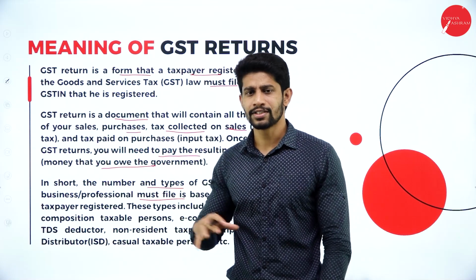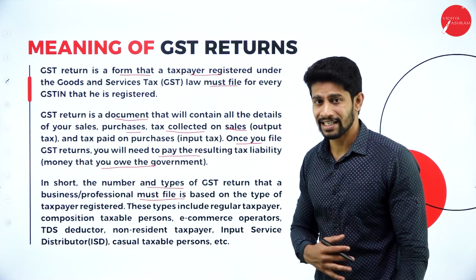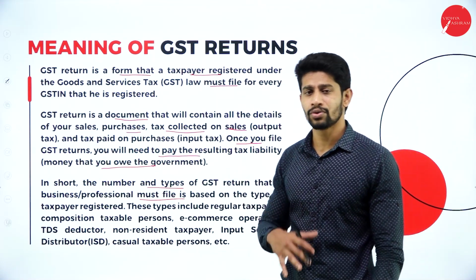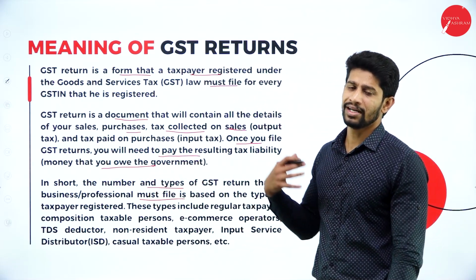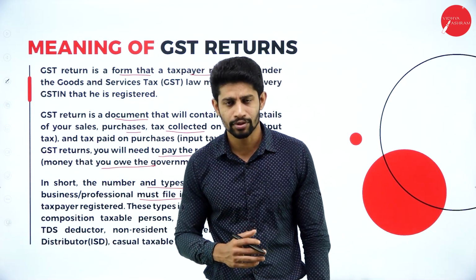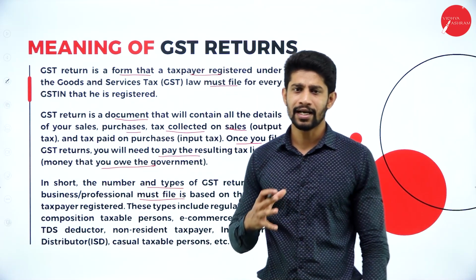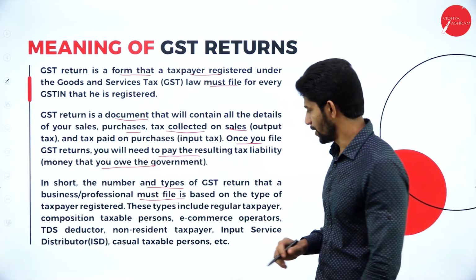Based on that he is supposed to file different types of GSTR returns, whether GSTR 1 or 2 or 3 or 3A, whatever the GSTR forms we have, based on his registration type he is supposed to file the GSTR return with the government.